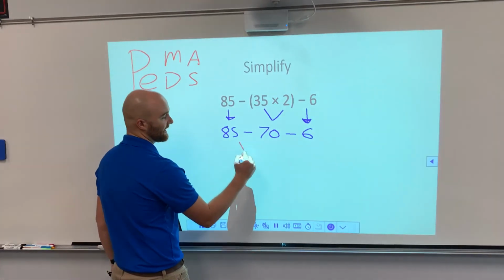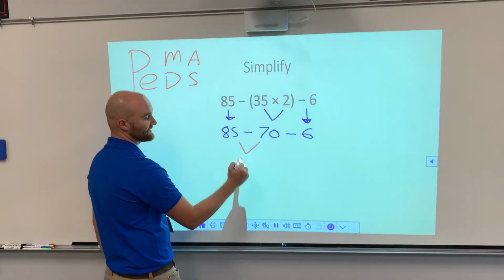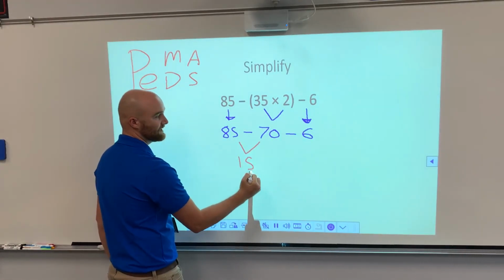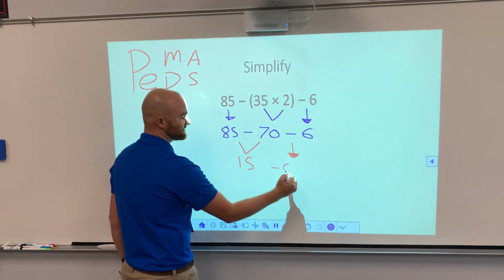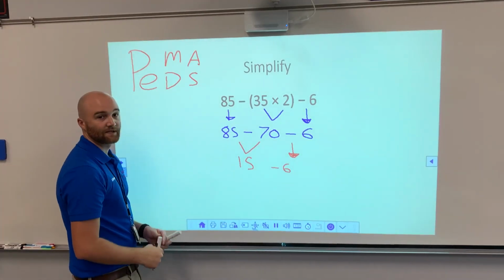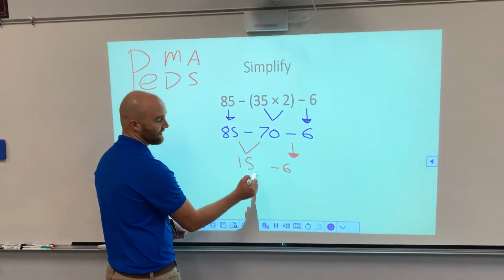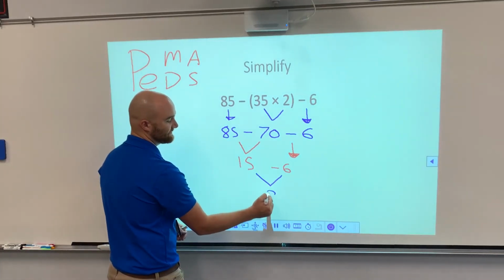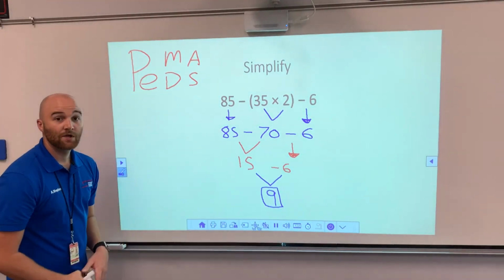So I'm going to do 85 minus 70 first. 85 minus 70 gives us 15. And then I bring down everything else that I didn't touch. I didn't touch this minus 6. Lastly, my answer is 15 minus 6. This is just a simple math problem. 15 minus 6 gives us 9. Our answer is 9. Hopefully you got that one.